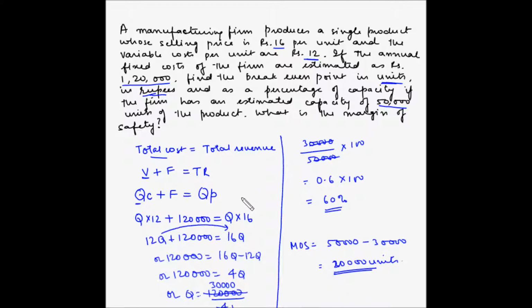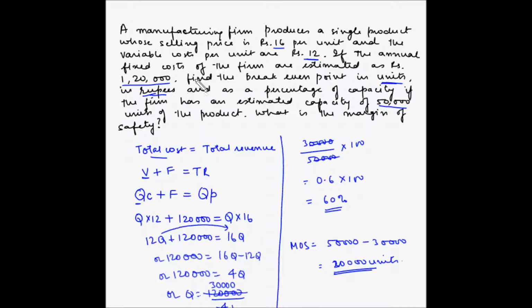Now let us look at the break-even point calculation from a different perspective. The selling price per unit is rupees 16, and out of rupees 16, 12 rupees are contributed to the variable costs per unit. So the remaining rupees 4 has to cover all the fixed cost. We need to find out how many units will be able to cover a fixed cost of 1,20,000 rupees.